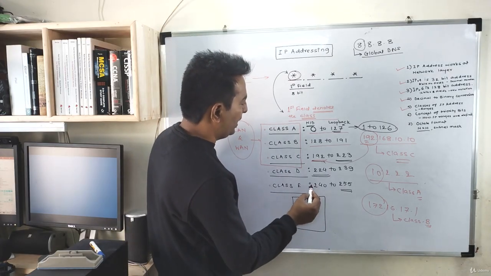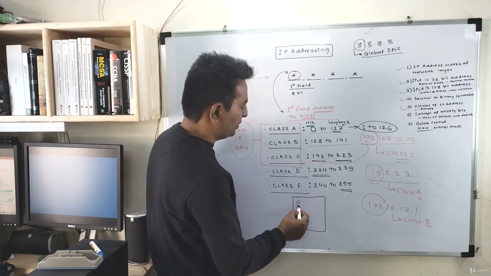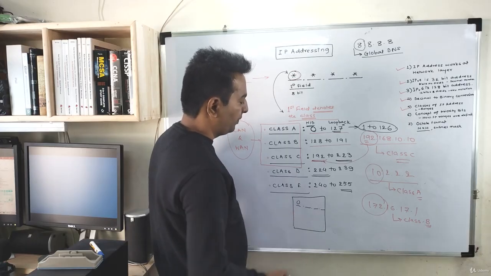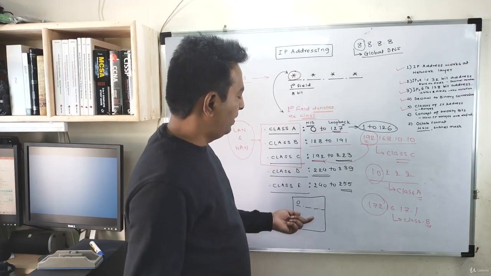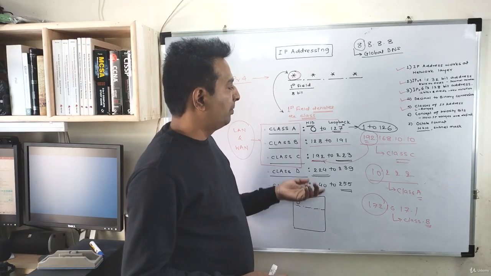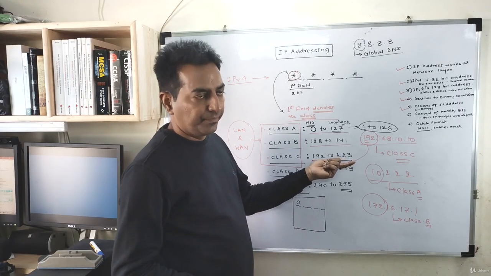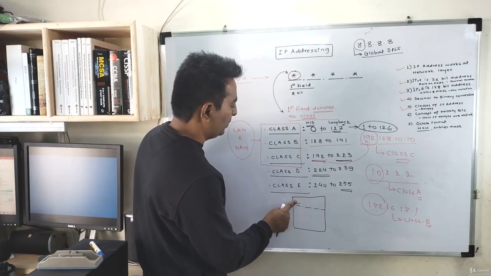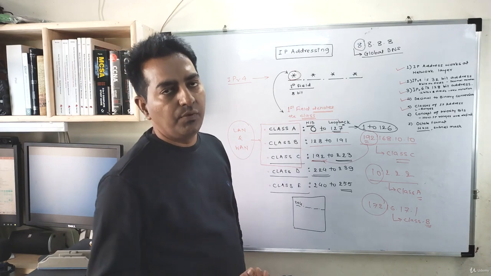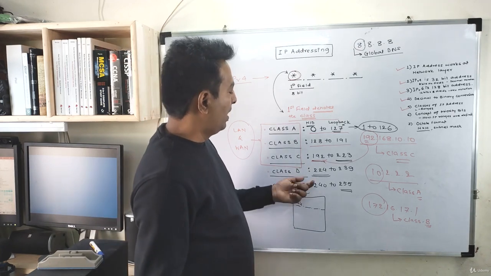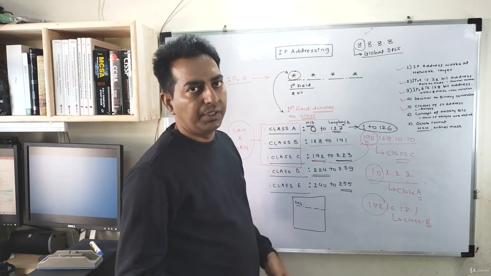If you try to put any number like 0 in the first field while assigning the IP address, it will give you a pop-up message and notify that please use a number between 1 to 223. Okay, even if you try to put a number like 224 here, it will still give you a pop-up message to use an address between 1 to 223.